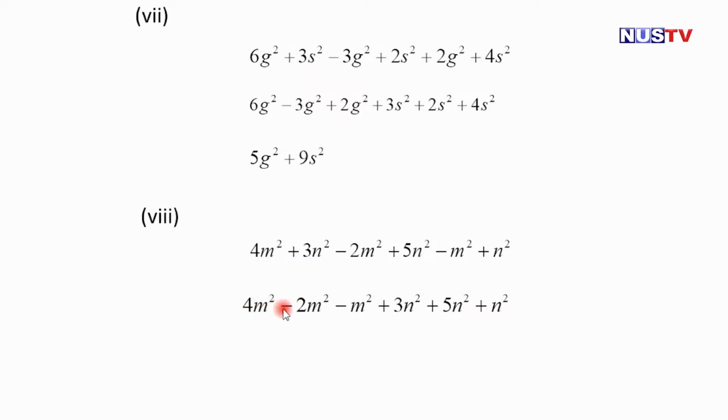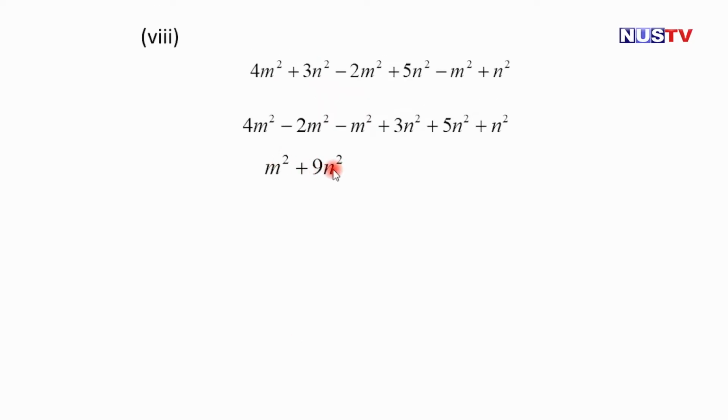And now if you deal with the m squared first, you go 4 minus 2 is 2 minus 1, you're left with m squared. 3n squared plus 5n squared plus 1n squared gives you 9n squared. And there you are, guys, m squared plus 9n squared is the answer of simplification of this.